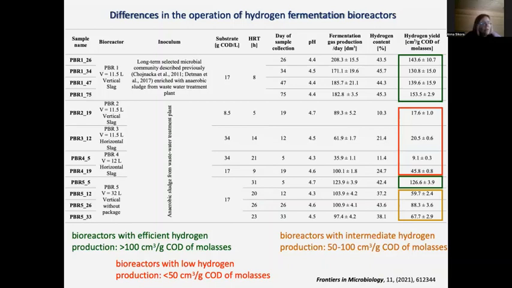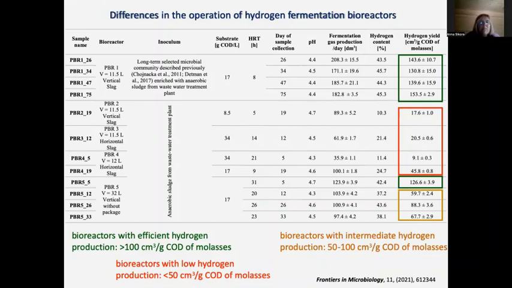In the bioreactors with efficient hydrogen production, the ratio between dark fermentation bacteria and lactic acid bacteria was 2:1. In the bioreactors with a low hydrogen production, we observed 2 cases of solvatogenesis.